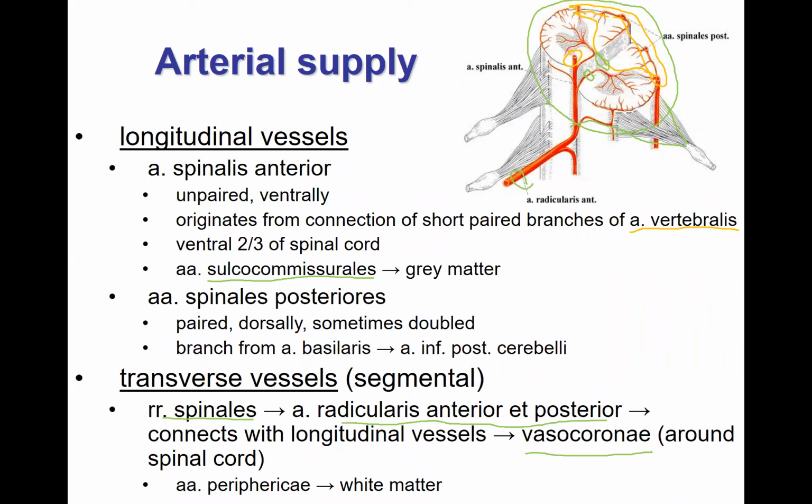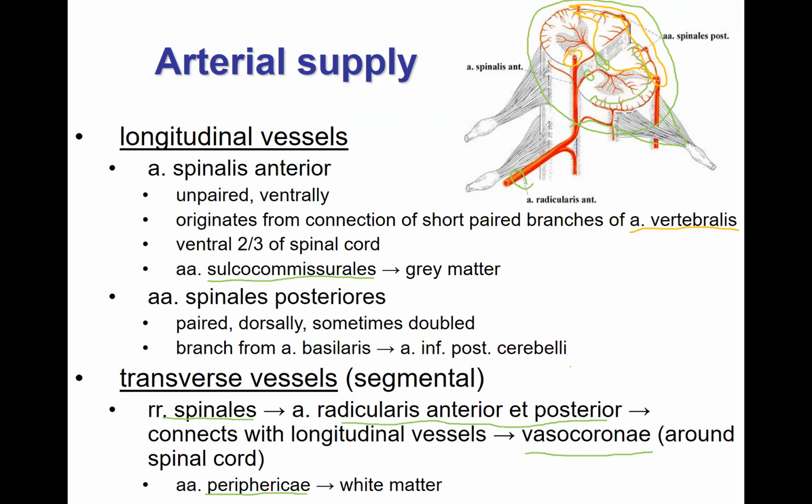That's why the artery is called sulcocommissural. And then from these vasocoronae, there are very small branches, which we call peripheric arteries, and they supply mainly the white matter on the surface.